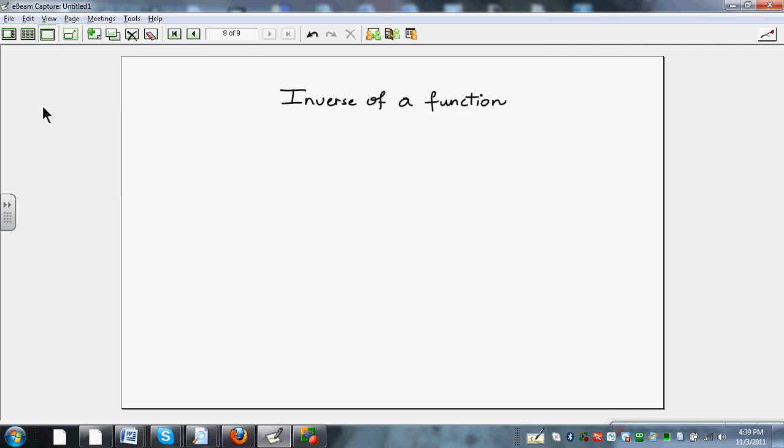Okay, so the next heading is inverse of a function, and I'd like you to take down this.